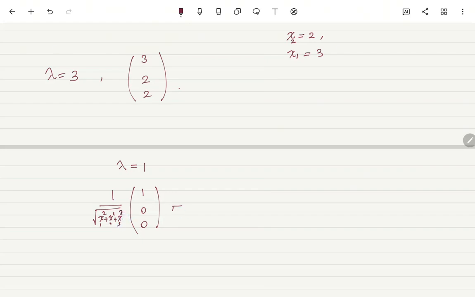And after all, that's just 1, 0, 0. So the normalized eigenvector for lambda equal to 1 is 1, 0, 0. It's the same. No change happened here.